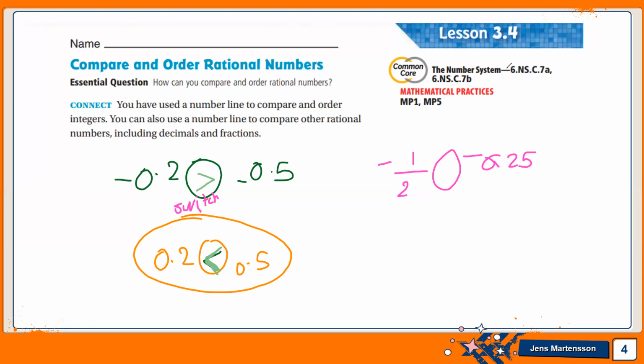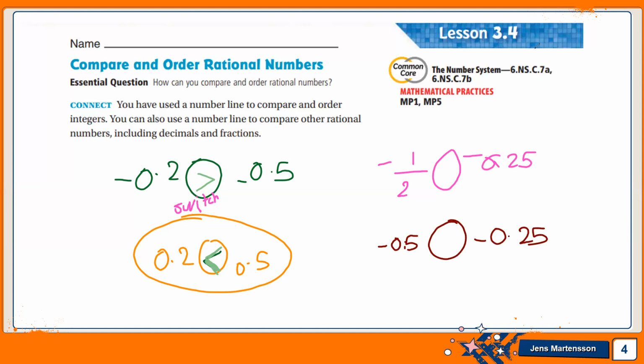Like 1/2, it's 0.5 after dividing. Comparing with -0.25, in order to compare between them, make them as decimal or as a fraction, as you want. Then compare.